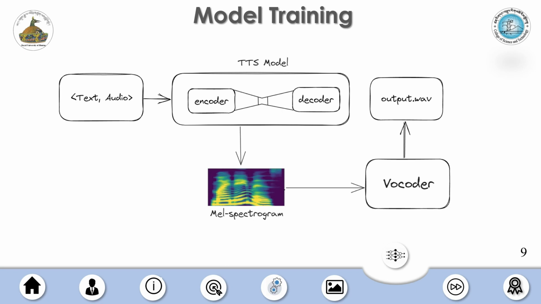The decoder component takes the encoded linguistic features and generates MEL spectrograms, which are representations of the speech signals in the frequency domain. These spectrograms provide detailed information about the speech characteristics, including pitch. Finally, the vocoder component converts the MEL spectrogram into waveform samples, producing the final audio output that closely resembles natural human speech.